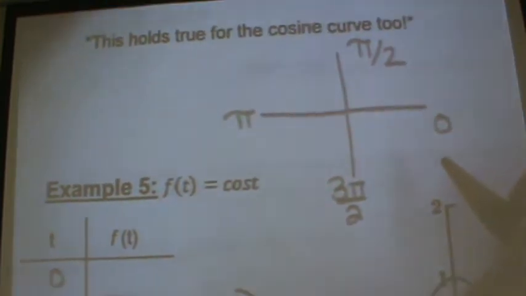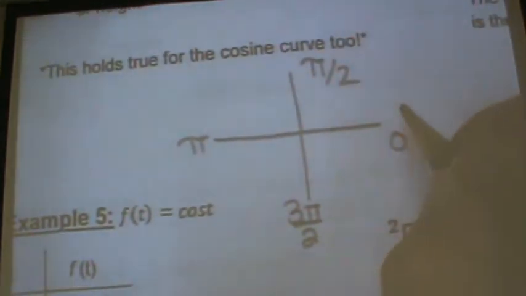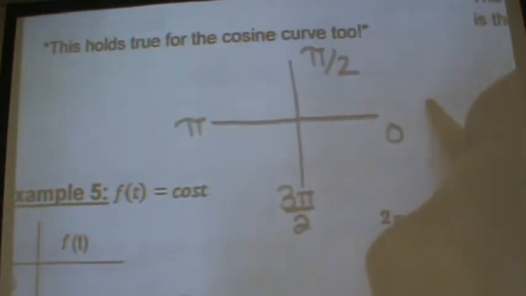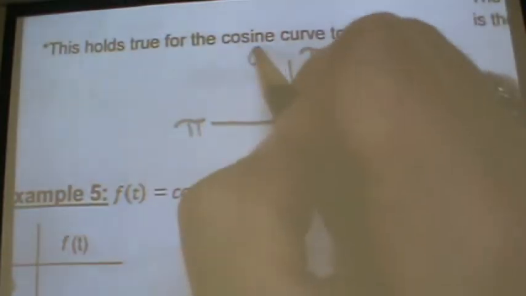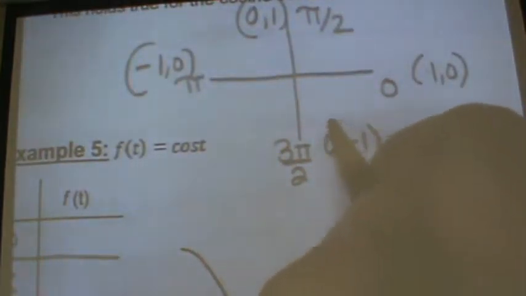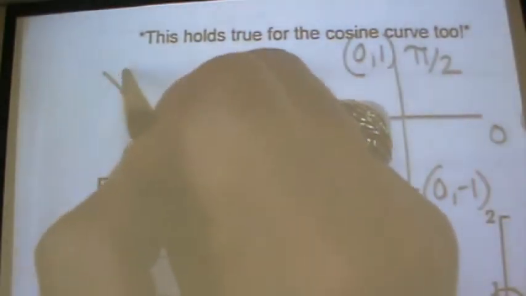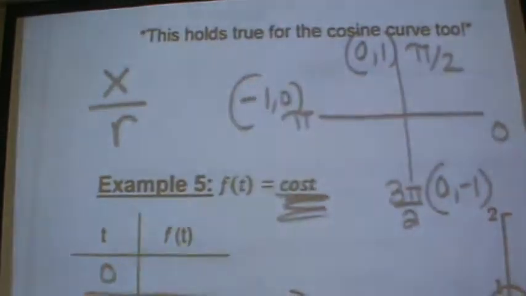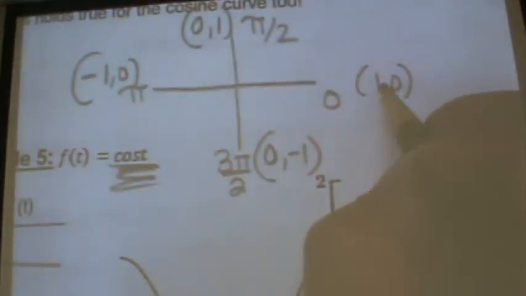Now, when we're calling these the angles, the y values are the ratios. This is 1, 0, this is 0, 1, this is -1, 0, and this is 0, -1. If cosine is the x value over the r value, tell me at 0 radians, what is the x value here? 1.